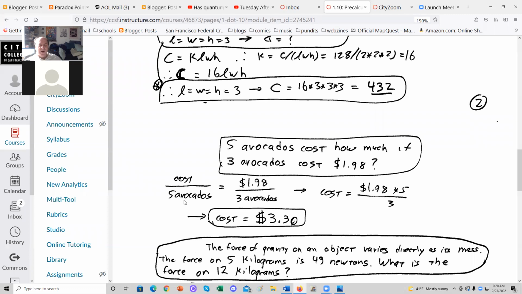The cost per avocado. So the total cost for 5 avocados is the same as 1.98 for 3 avocados. So transpose the avocados, the cost equals 1.98 times 5 over 3. This is a case of what I've previously called rhetorical algebra. And so, all right, I just do the arithmetic. Cost is $3.30.